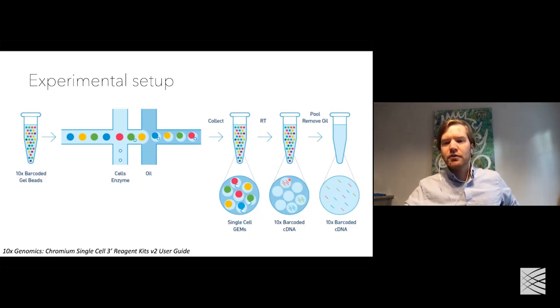So all the transcripts in this droplet have the same cell or droplet barcode. That way, when we do bulk PCR and sequence, we can trace back and say which droplet each read came from based on the droplet barcode that it was tagged with. So that's the general idea for this kind of experiment. And this is just one method. There are others, but this is the one that I'll focus on today.